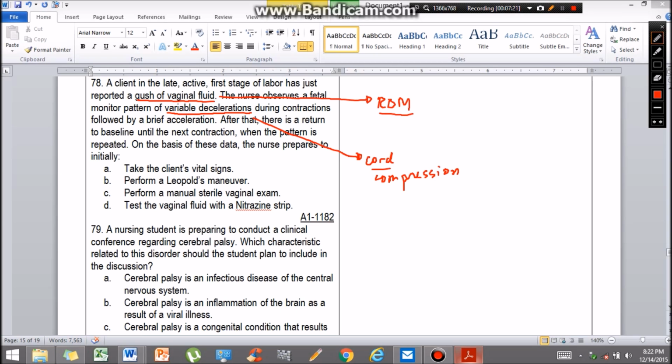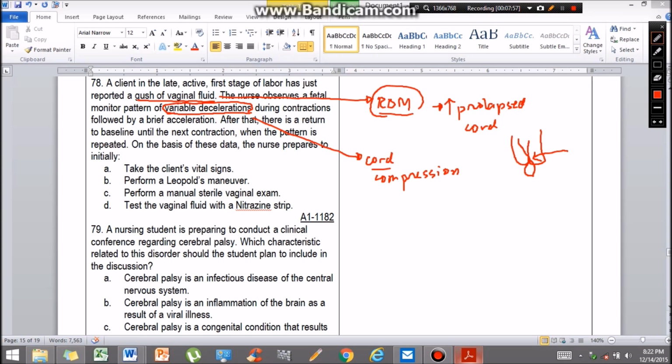When the mother has already ruptured membrane, there is a high risk for prolapse of the cord, wherein the umbilical cord tends to go out. If this happens, there's compression in this area, and this compression is manifested by variable deceleration.